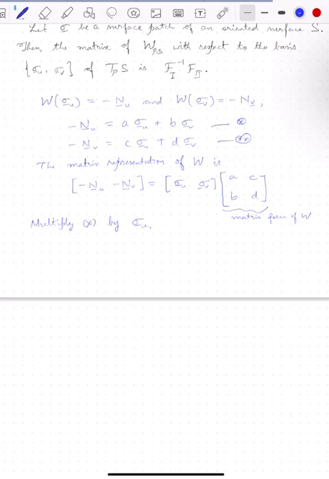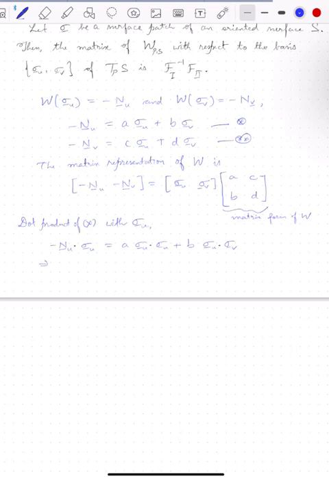Then this gives us minus nu dot sigma u, taking the dot product, is equal to a sigma u dot sigma u plus b sigma u dot sigma v.